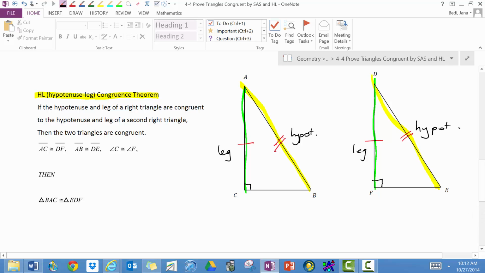And finally, you really do know that angle C and angle F are congruent because all right angles are congruent. So my congruency statement is triangle BAC is congruent to triangle EDF, and the order matters, so you can check it as we did previously.